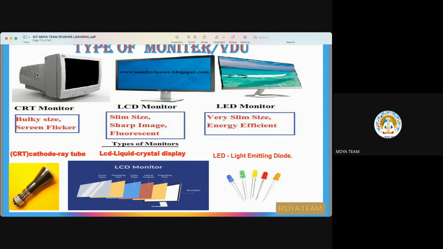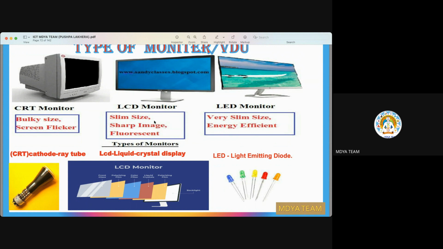So it occupies a very large space, as well as being bulky, and the screen is not flat but curved, and the screen flickers, not a very clear vision. The pixel size is also not much, so the picture is not as clear as what we can see nowadays on an LCD or LED monitor.